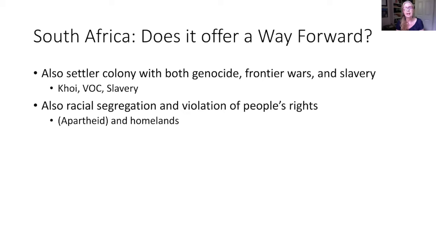Also, we had, clearly in South Africa, racial segregation, violation of people's rights, apartheid. And one thing that I think is not often thought about sufficiently in doing comparisons is that both the United States and South Africa forced indigenous people off their land.